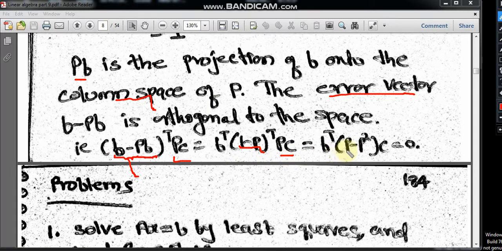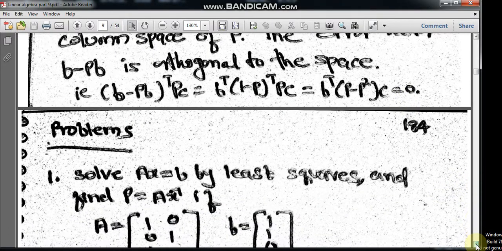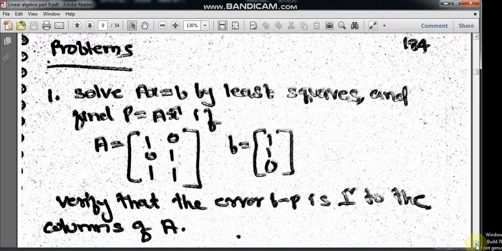Since P is equal to P transpose, I can write it as P. So P minus P squared, and P squared is nothing but P. So P minus P becomes 0. So the value is 0, and both are orthogonal. That is about the properties of the projection matrices.